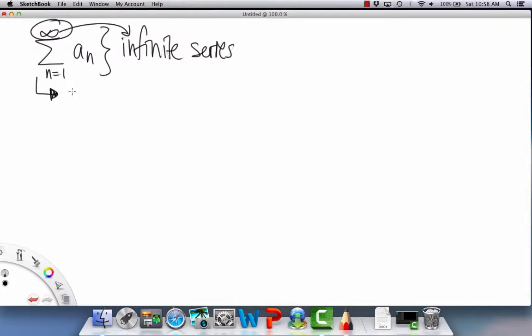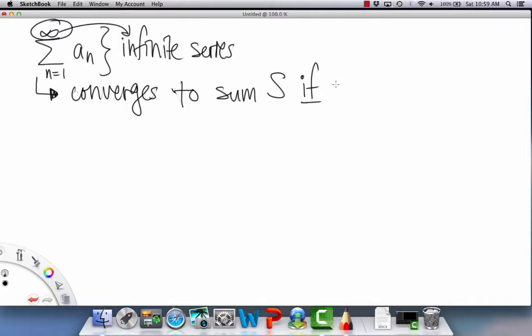I know it's stated in your textbook. So this infinite series converges to a sum s, if its partial sums, so s sub n, right? If its partial sums converge to s.